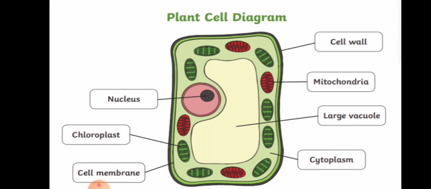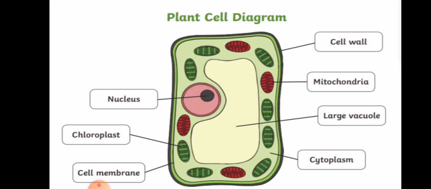In the middle, we will see the large sap vacuole and the circular structure, which is the nucleus. It is like the brain of the cell. The green parts are the chloroplasts, and the red part is the mitochondria.